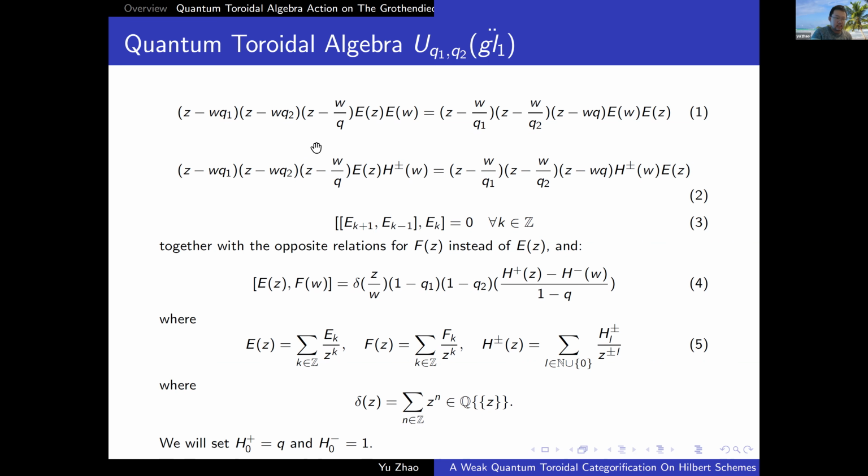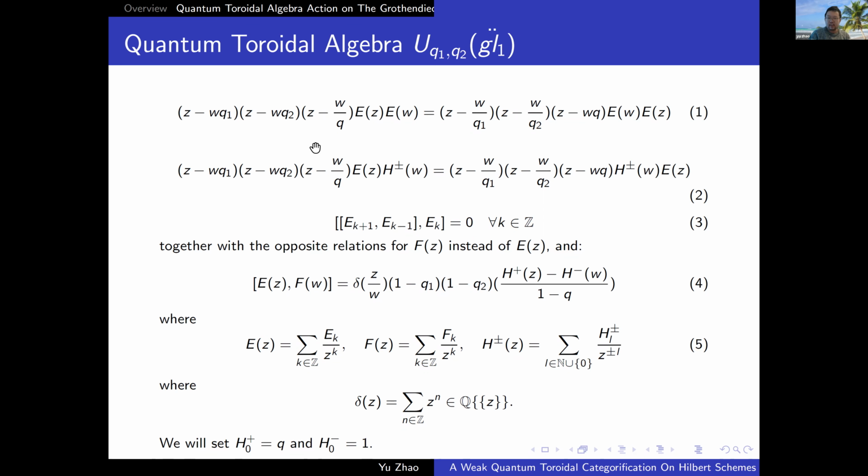So let's explain how this acts on the Grothendieck group of Hilbert scheme of points. And I want to make a remark here for the case of surface equal to A2. The Grothendieck group of all Hilbert schemes of points will actually still be the Fock representation, but over the ring of the rational function field Q1, Q2.